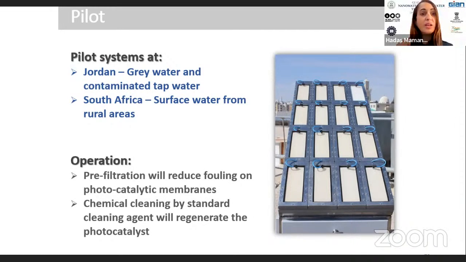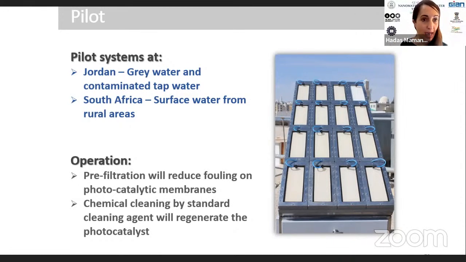So when we work in the lab and we're not exposed to colloids in the water and things like that, we might assume that our process is efficient. But we must consider chemical fouling, biofouling, and inorganic fouling in any process that we design.